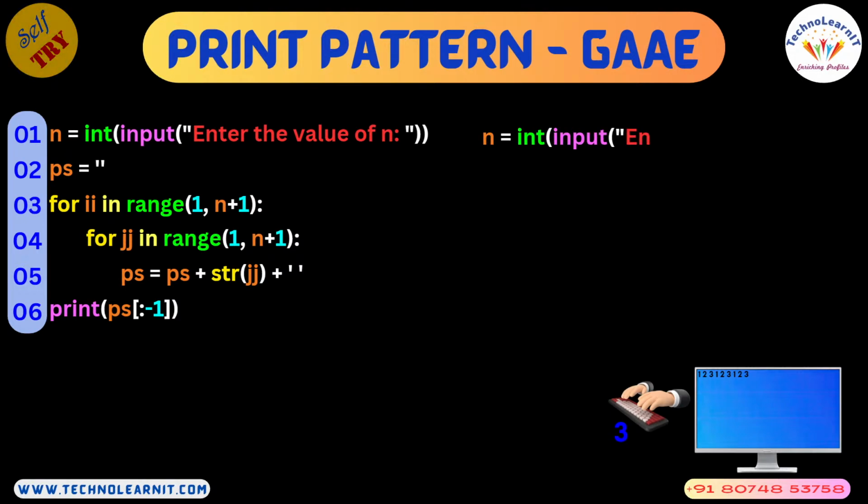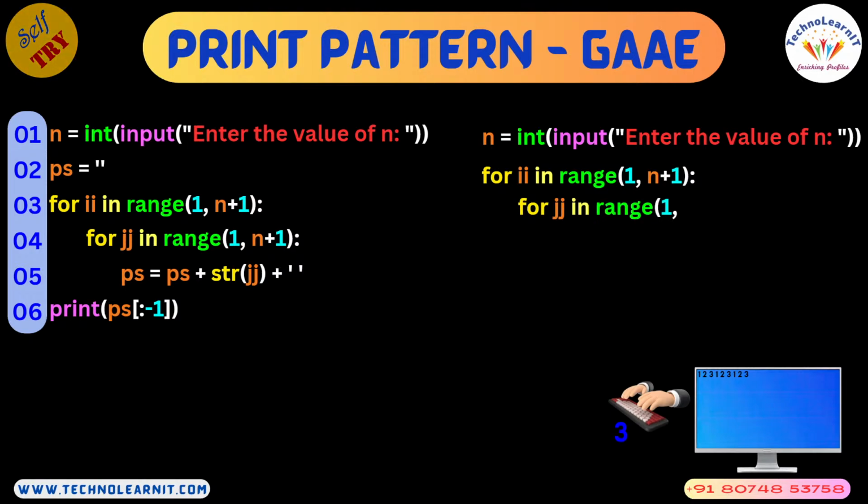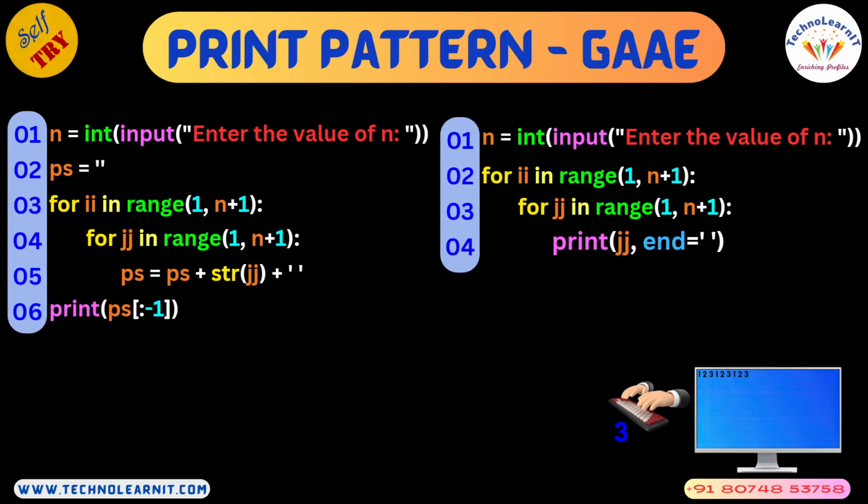If the interviewer doesn't allow you to use any string related operations, then you can purely depend on direct print statements. So it's the same thing, the range would be the same, but every time you keep printing the JJ value and also you override the default value of end, which is a new line character, with a single space, so that space will be printed.